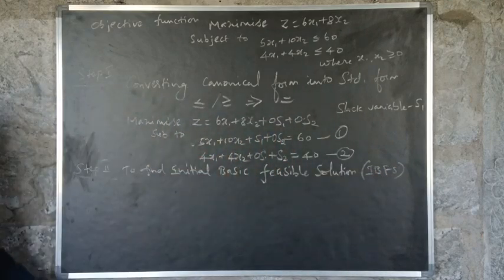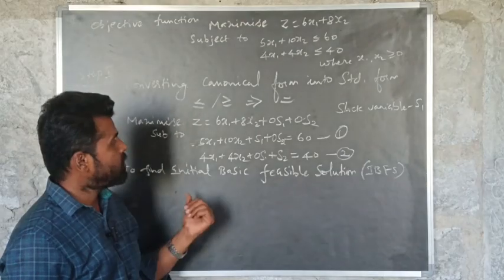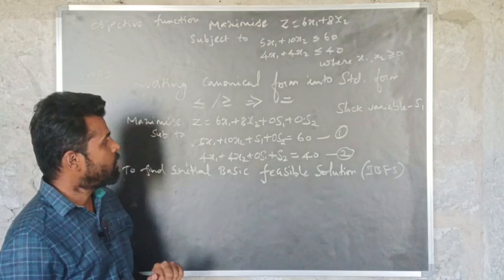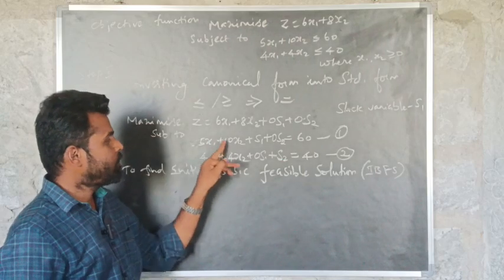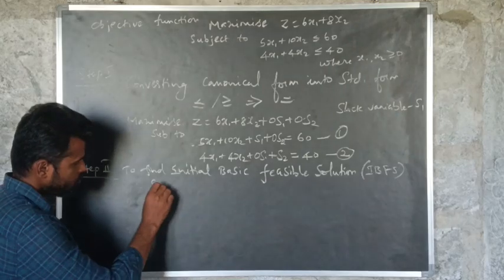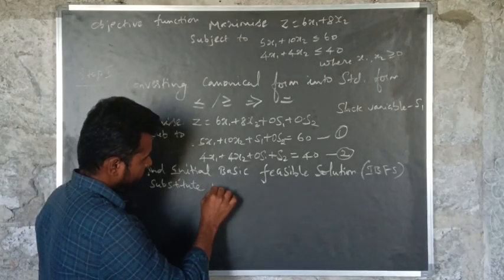To find the initial basic feasible solution, we are going to substitute non-basic variables equal to 0 in equations 1 and 2. Here the non-basic variables are x1 and x2. So we are going to substitute the non-basic variables.